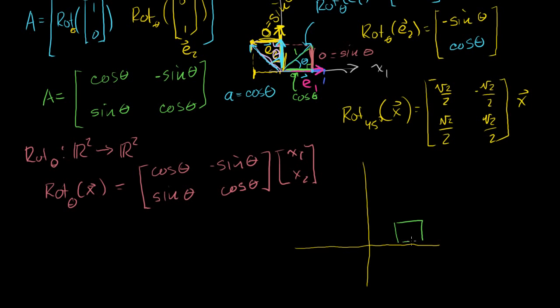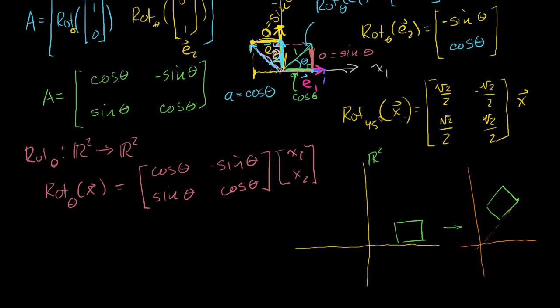Let's say I have some square here in my domain. So this is in R2. Now if I literally multiply this times all of the vectors that specify this set here, when I transform it, I'll get a rotated version of this by 45 degrees. And just to draw it, I'll draw a little 45-degree angle right there. And then it will map it to this image right there, which is a pretty neat result.